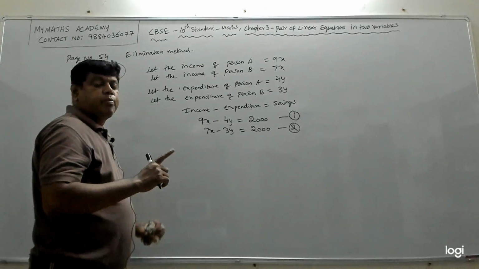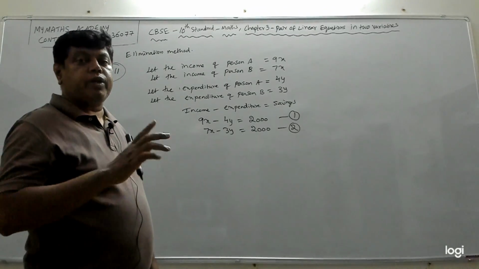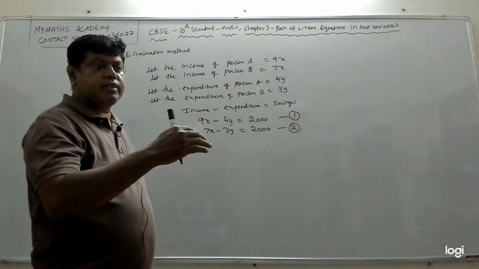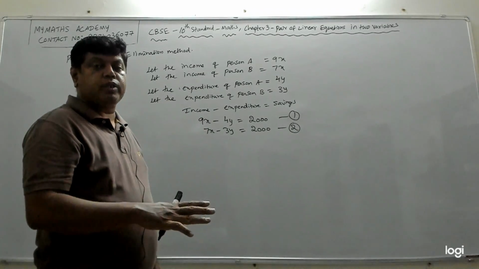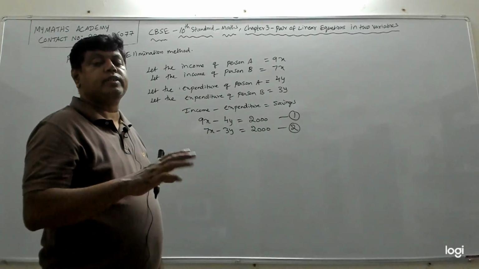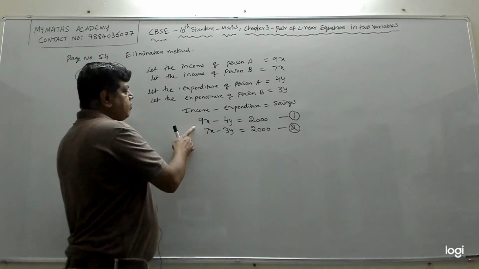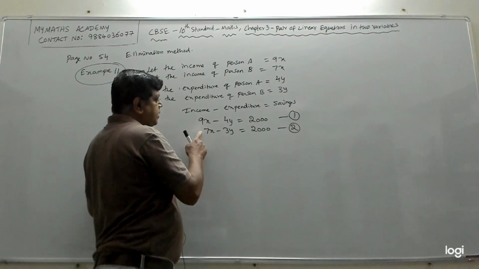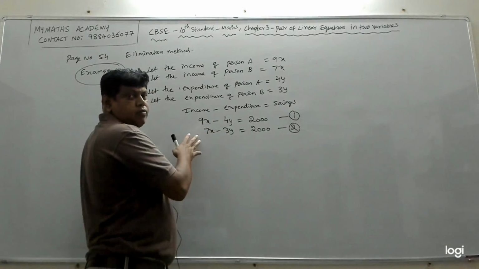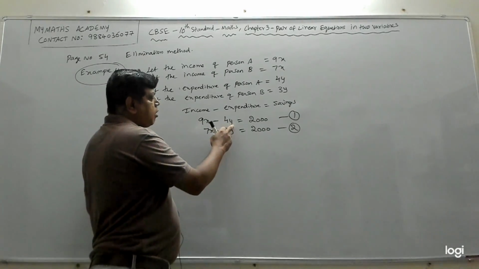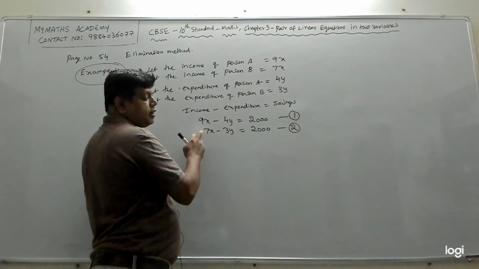Then the first step is we need to make the coefficient of either x the same in both the equations, or we have to make the coefficient of y the same in both the equations. Now how can we make the coefficient of x or y the same? Here we will go for y because y has small numbers, 4y and 3y, compared to 9 and 7.